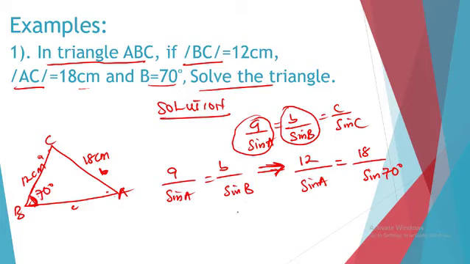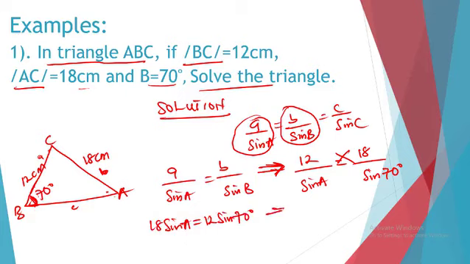Next, we cross multiply. We have 12 times sine 70 equal to sine A times 18. So that leads us to 18 sine A equal to 12 sine 70 degrees.